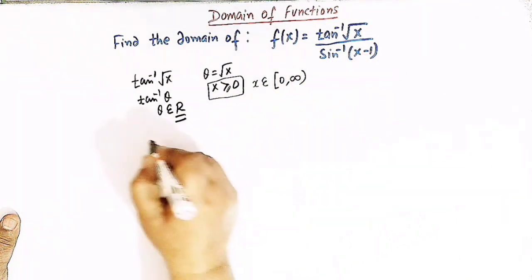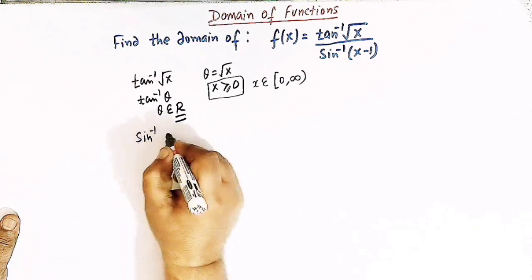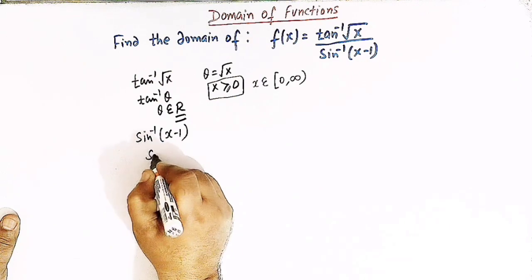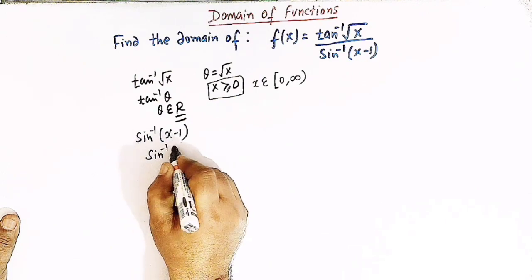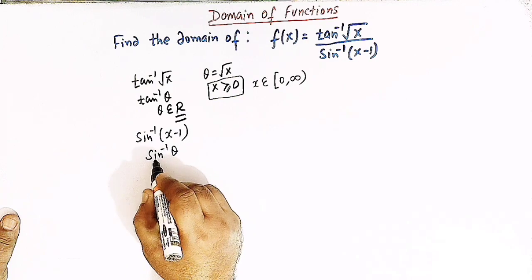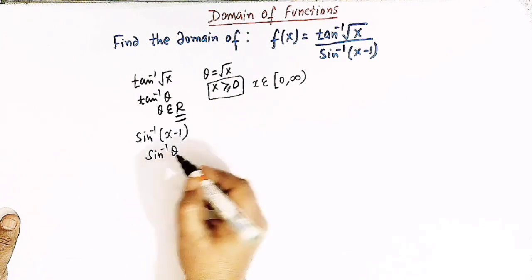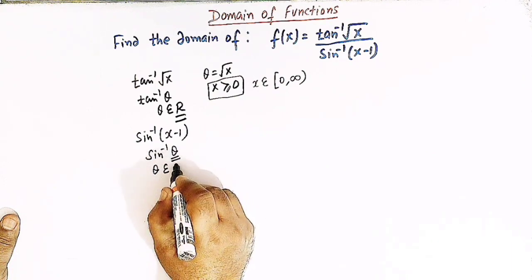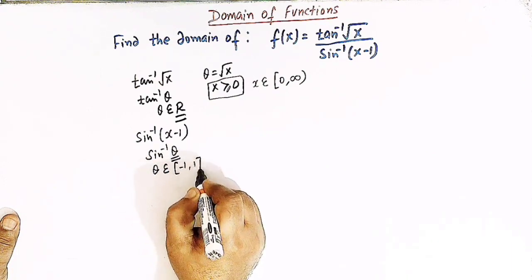Okay, now let us come to sine inverse x minus 1. Let us consider the function sine inverse theta. When we have sine inverse theta, this theta must belong to the interval minus 1 to 1.